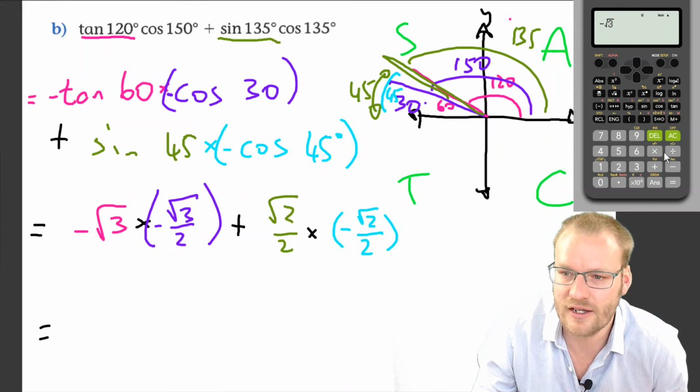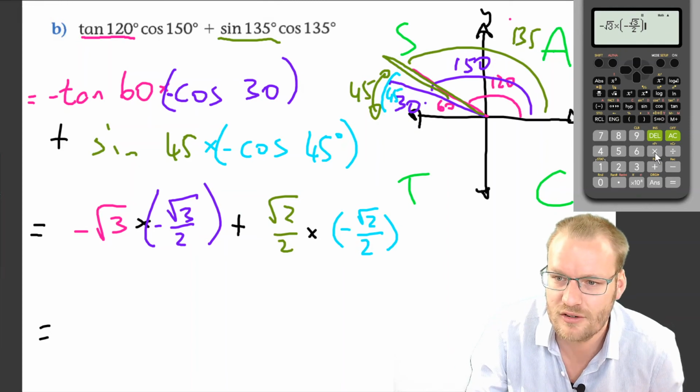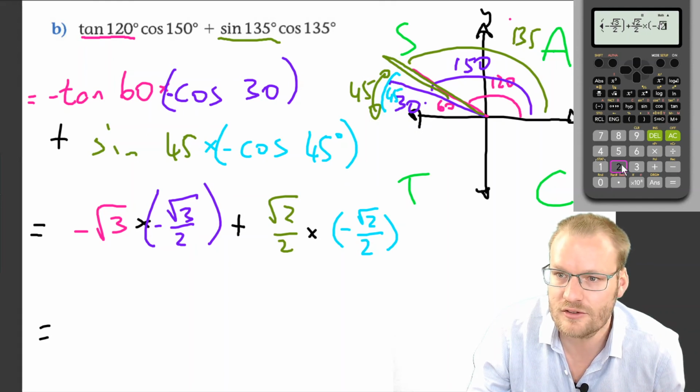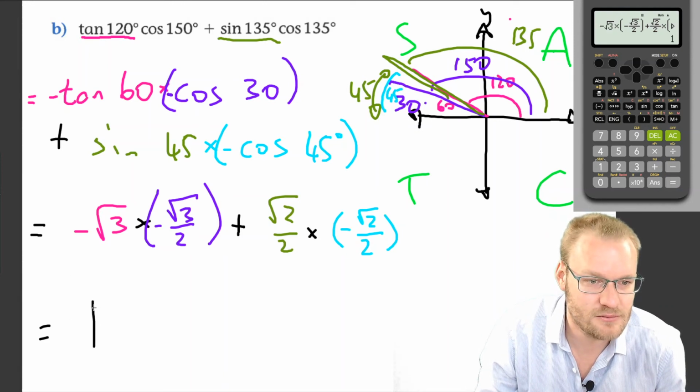Negative root 3 times negative square root 3 over 2, plus root 2 over 2 times negative root 2 over 2, equals 1. There it is, our final answer.